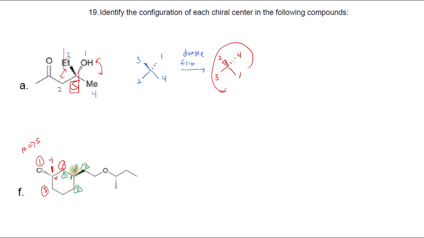And my methyl is 4, which is back, and so this one is R. And last one here, this oxygen is 1, 2, 3. That is clockwise. My hydrogen though is in the wrong direction. So this would be R, but it gets flipped to S.